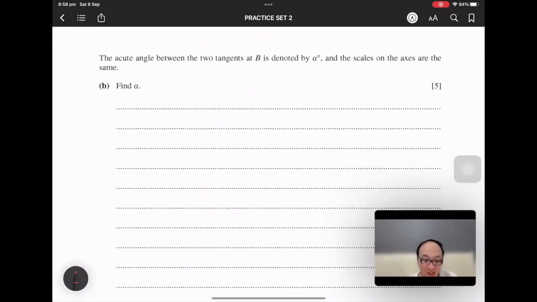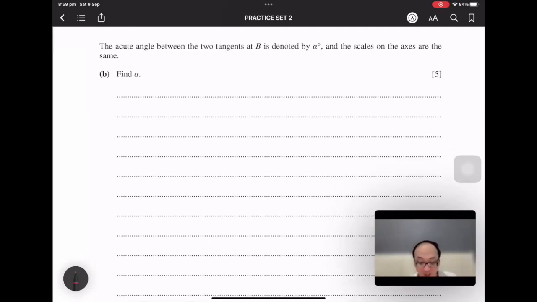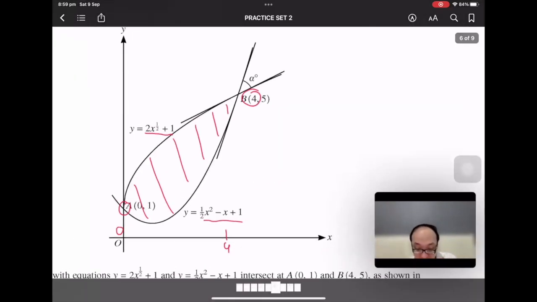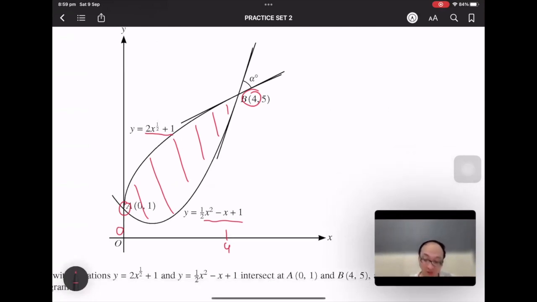The acute angle between the two tangents at B is denoted by alpha, and the scales on the axis are the same. Find alpha. So it says that the tangents on both curves make an angle of alpha at point B, 4, 5. So we have to find the tangent using the first derivative.